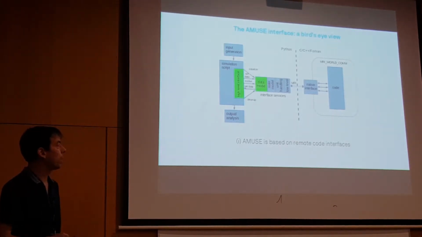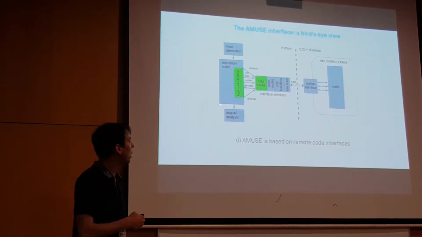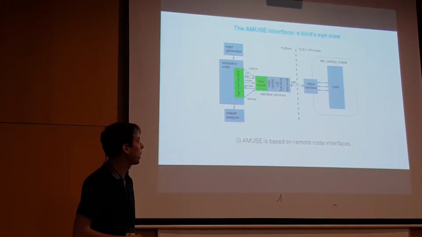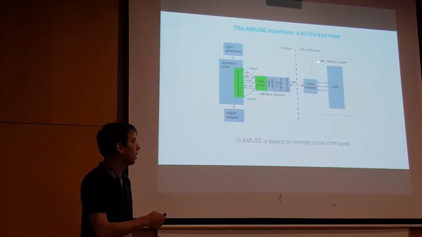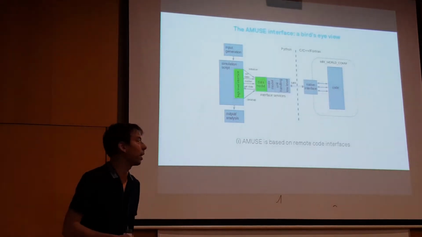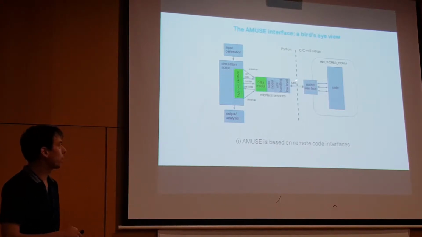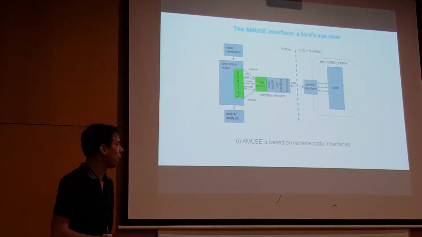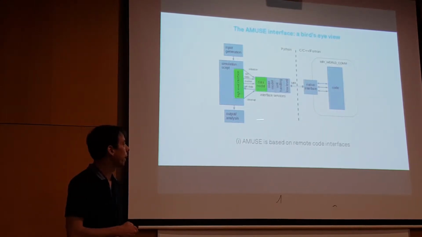This is the schema of the interface design. What you saw in the script was on the user side, and a whole bunch of things happen behind the scenes. At the end, there's a code running in your favorite parallelization paradigm, and you can interact with it. The interface defines a number of services where things happen.